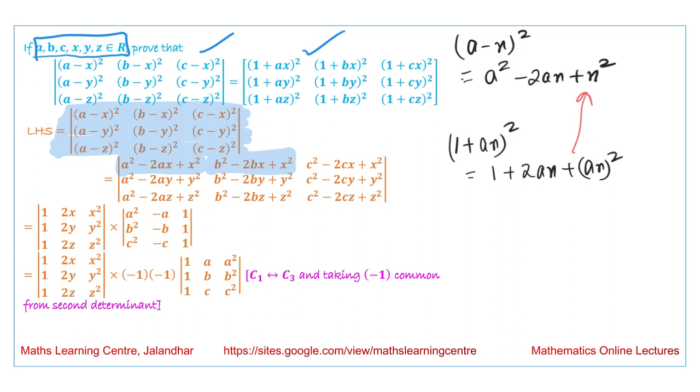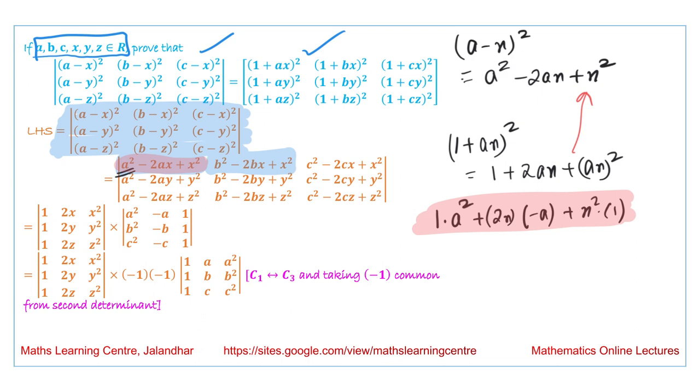The first being, look at the terms over here. If we look at this term, it is 1 into a square, then plus 2x into minus a, and then plus x square into 1. This is the first term, and similarly we can write all other terms in this form.